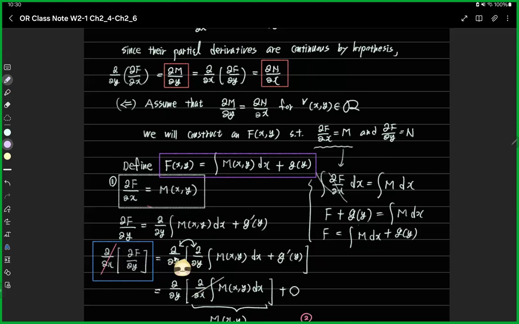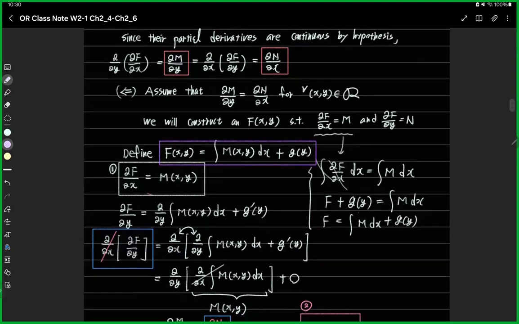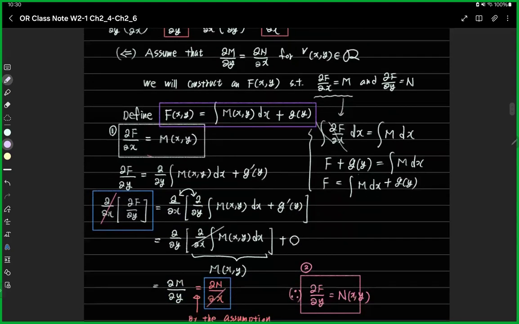Then what are we going to do? We take the partial derivative of this with respect to x first. Keep in mind this is a function of y. Taking the partial derivative with respect to x, this is going to be 0. Then we take the derivative of this with respect to x, but this is an integral with respect to x.